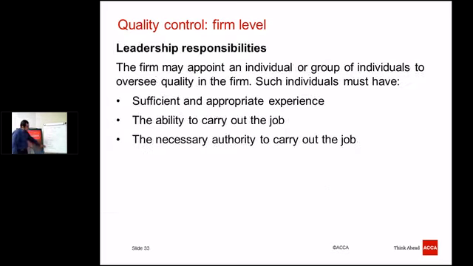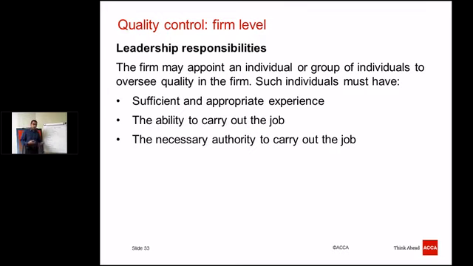So as we talked about leadership responsibilities, and you can see this on the slide in front of you, the firm may appoint an individual or group of individuals to oversee quality in the firm. Such individuals must have sufficient and appropriate experience, the ability to carry out the job, and the necessary authority to carry out the job. So it's also important that you do not place low-level staff or junior staff in charge of the quality department of the firm.